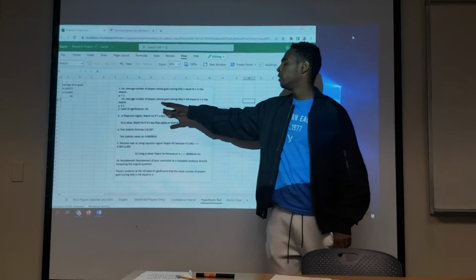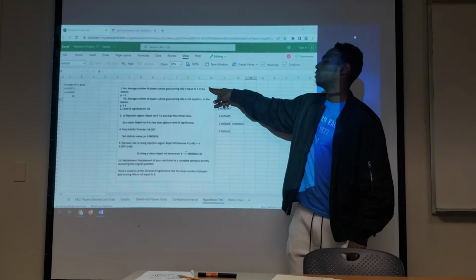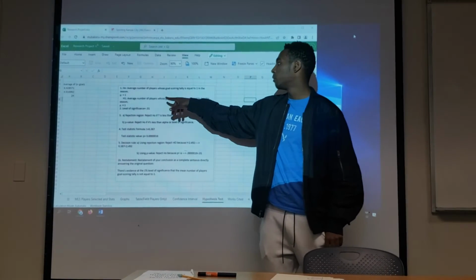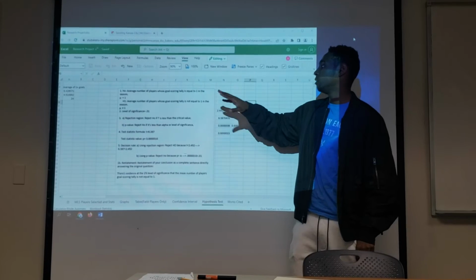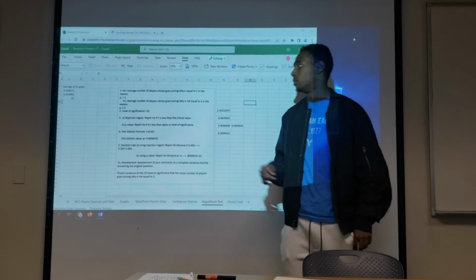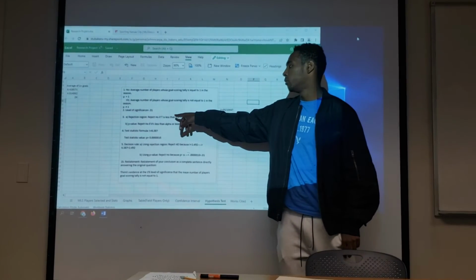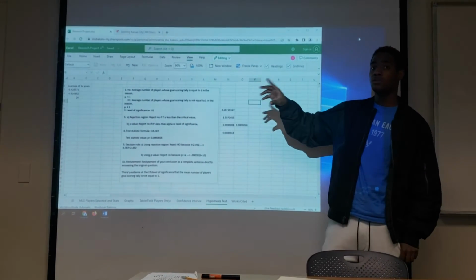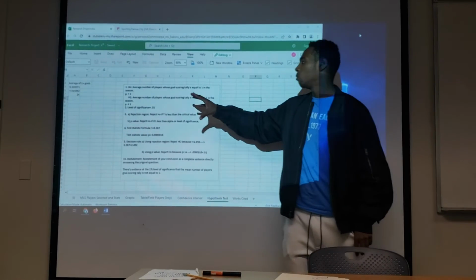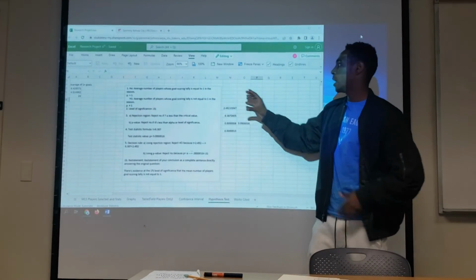And the alternative is always the opposite of the null, which means the average number of players whose goal scoring tally is not equal to 1 in the season. Next, we have the level of significance, which is 0.01. This means that there's a 1% risk that we can get between these answers.